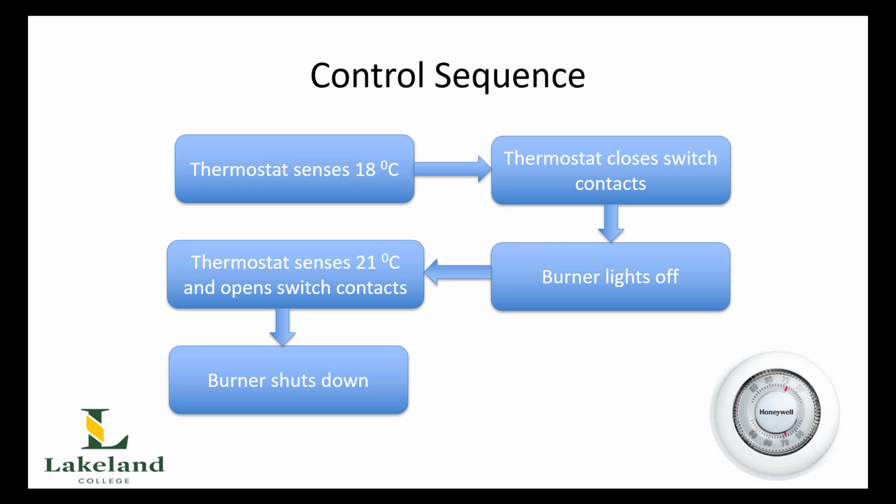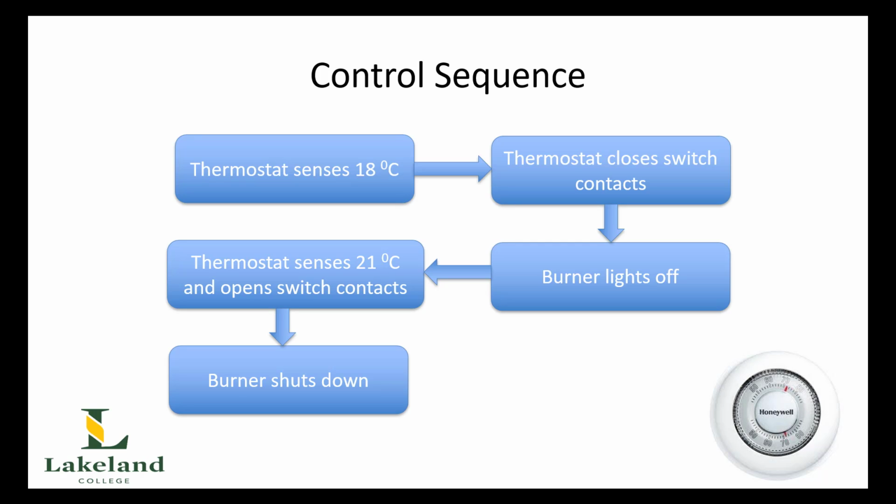So we can consider that idea of a control sequence by this algorithm or flowchart. We start here at the top left. Here you can see that the thermostat is going to sense an air temperature of 18 degrees C. Now the set point that we arbitrarily chose was 20 degrees C. Because this is below set point, the thermostat is going to close the contacts.